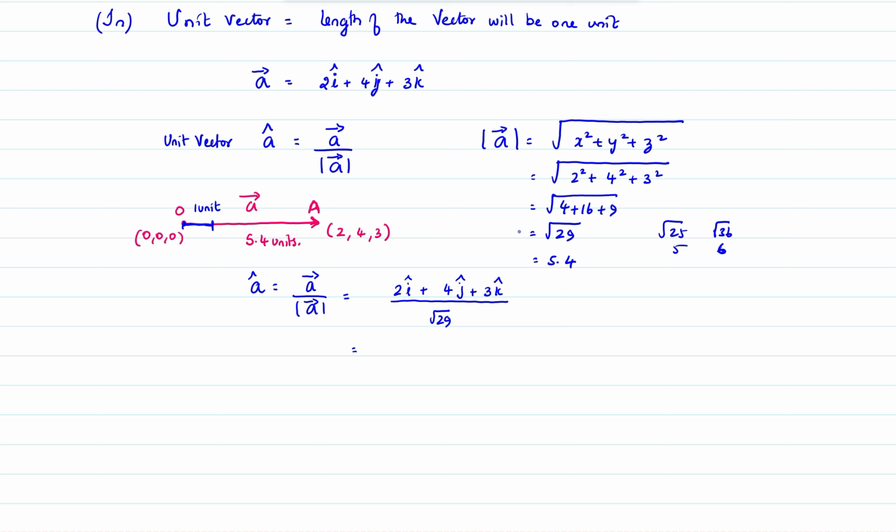This will be 2 by root 29 i plus 4 by root 29 j plus 3 by root 29 k. This is what is the unit vector.